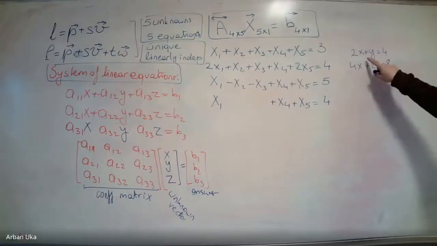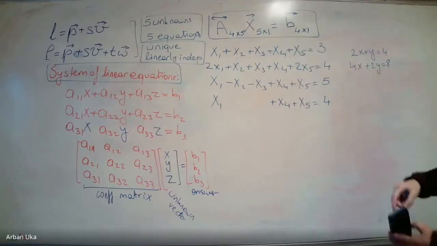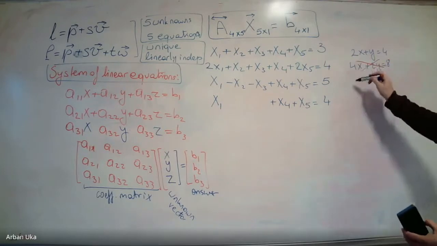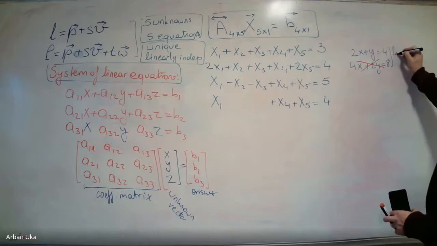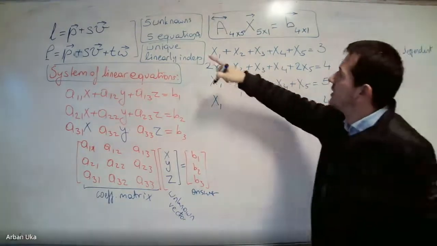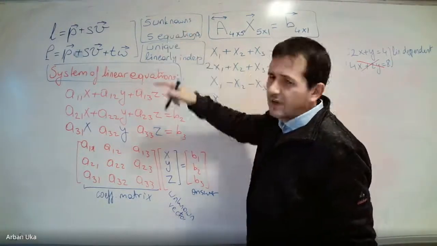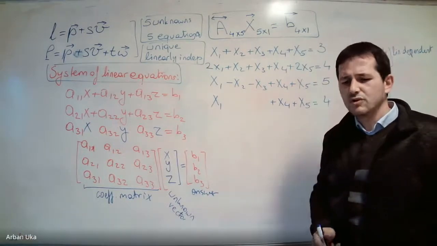It's the same equation, just by a factor of 2. That's correct. So we have only one equation because this one multiplied by 2 gives this. This is not telling anything new. These are called linearly dependent. Now, if we have 5 unknowns, we need 5 equations which are linearly independent, or to use the keyword, unique.